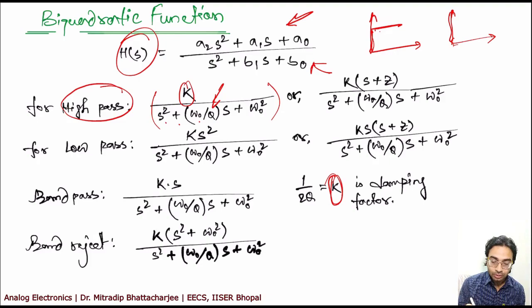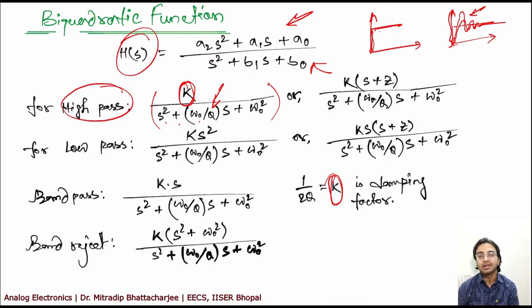Rather, if this is the ideal thing that you are expecting, it looks something like this. So there is a kind of oscillation in the beginning, and then it slowly follows the expected output curve. Now this damping factor will decide how fast this will follow the expected curve.